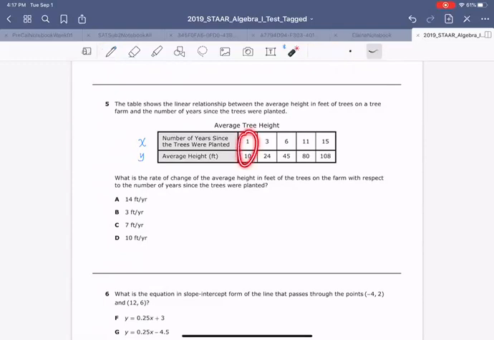You can choose any 2 pairs and you use this guy minus this guy, divide by this guy minus this guy, okay? 7 feet per year. Yeah. This is called a slope, right?